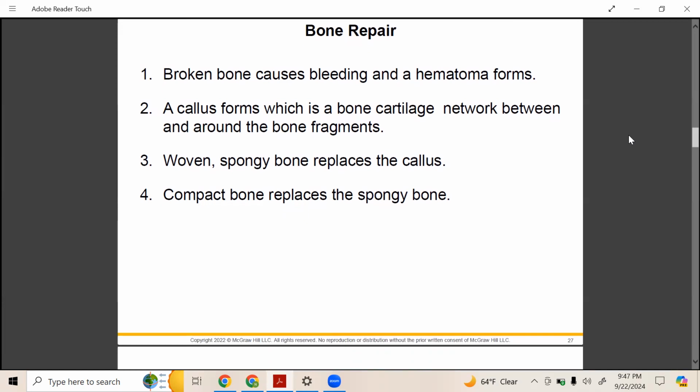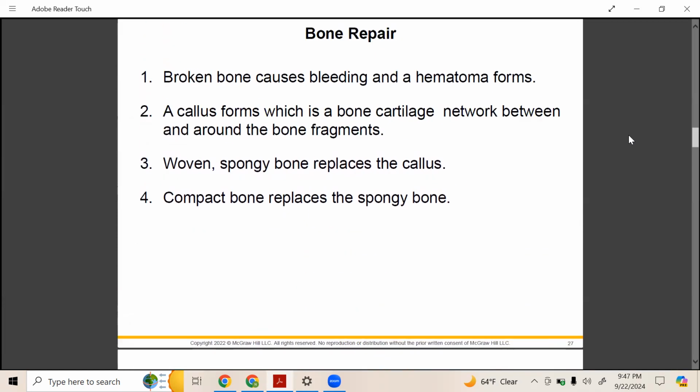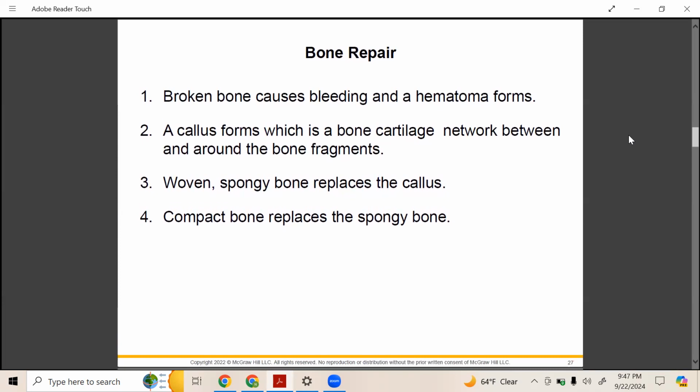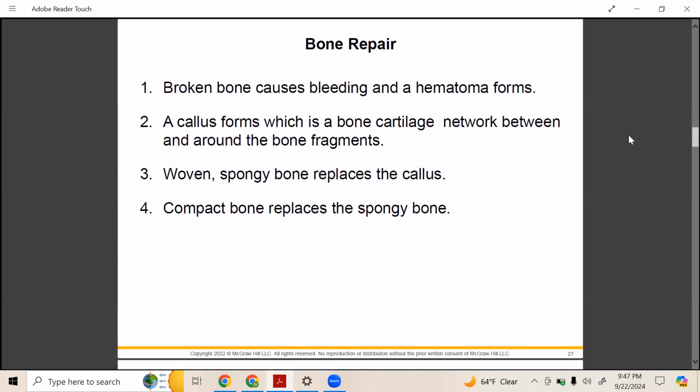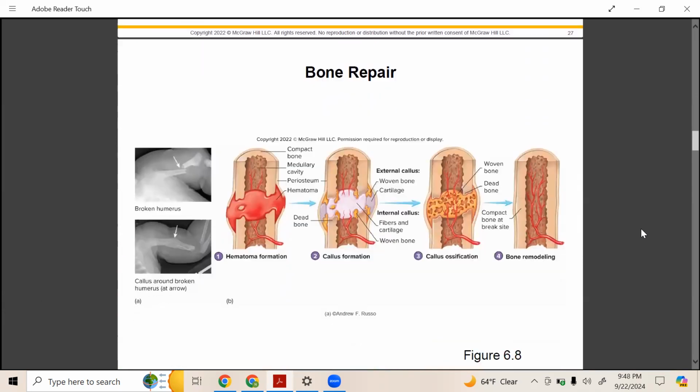We're going to form what's known as a callus, where we lay down a cartilage network around the fragments of the bone. And then our cartilage, just like in endochondral ossification, is going to be converted to actual bone tissue, or spongy bone, to replace that cartilage callus. And then where we're supposed to have our compact bone, that will replace the spongy bone initially.